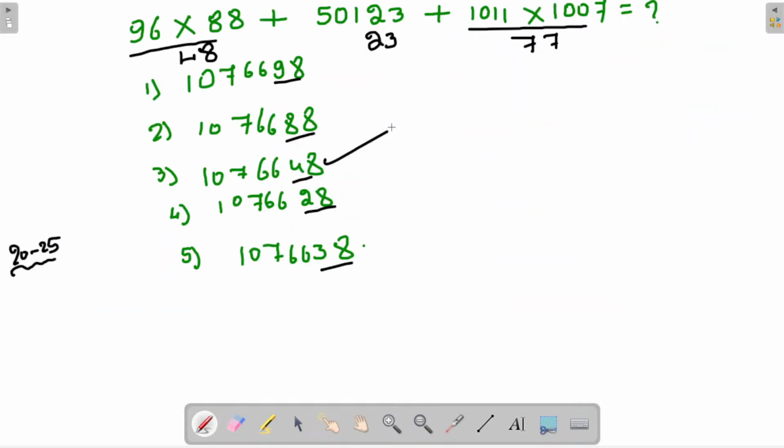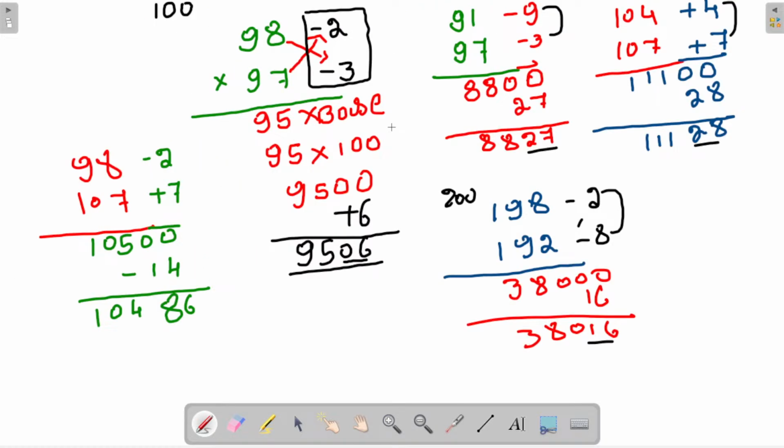Write it down after this question, in the example. In the note, write down that first step: using the base method, we can decide the last two digits, that is difference multiplication.